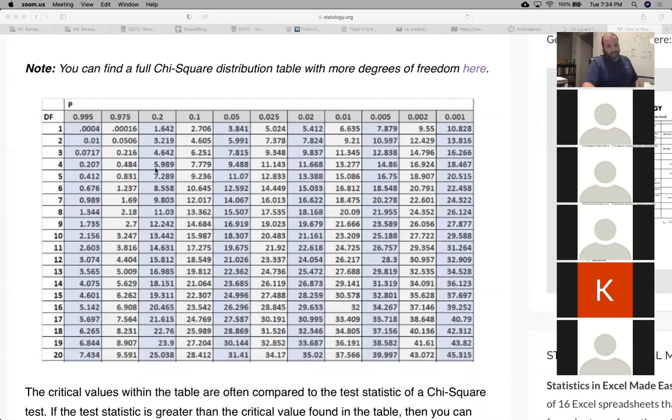I don't know exactly what it is, because the table is too inaccurate, but I know for a fact that the p-value is greater than 0.2. Because the p-value is greater than 0.2, what do we do? You do not reject the null hypothesis.